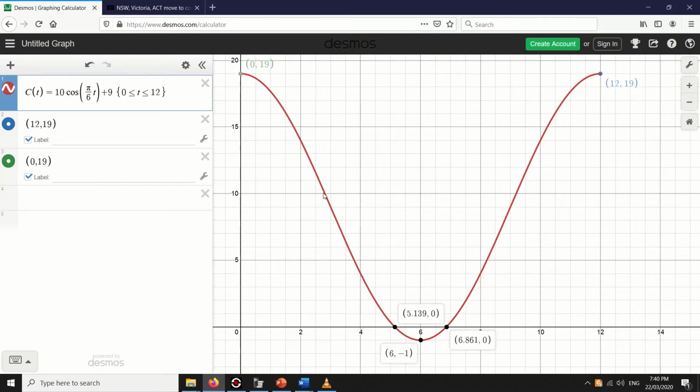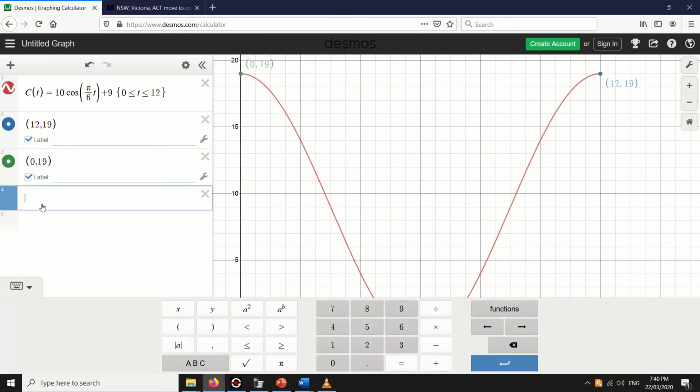Now what I might do is I might choose a point somewhere in the middle here, like at 2, and we'll use a little trick. So if I want to highlight that point, I'm going to go 2, and using my function notation, I'm going to write c bracket 2.